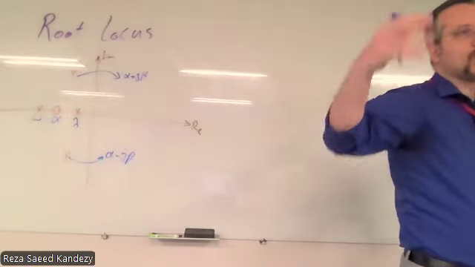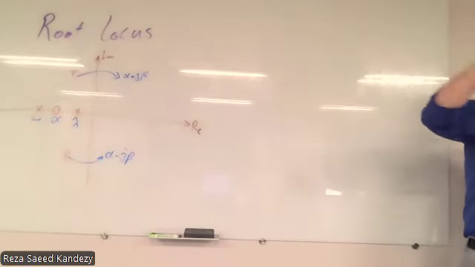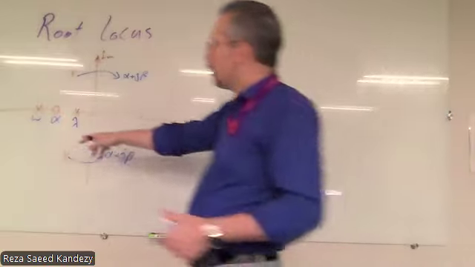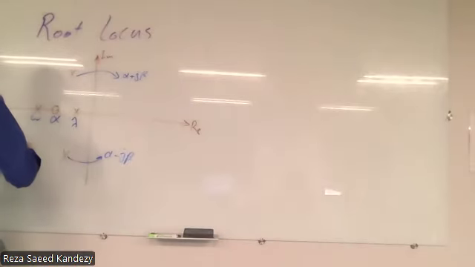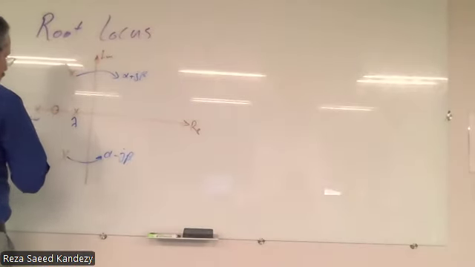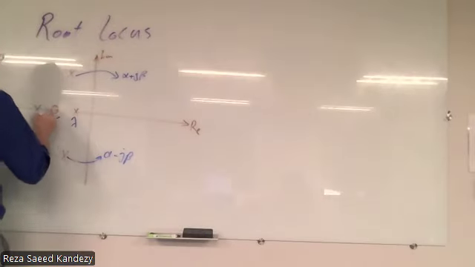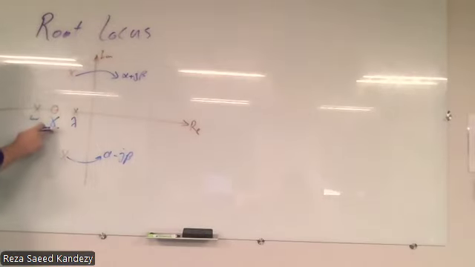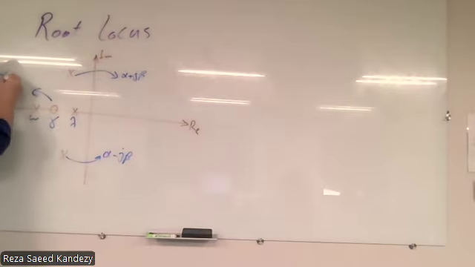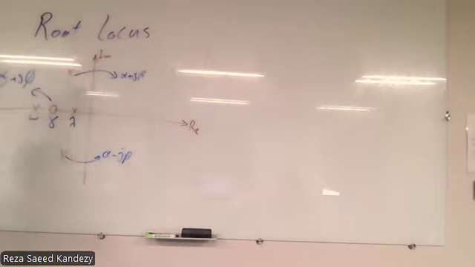So that imaginary part could be zero, but we still can represent it. Let's say this is gamma. We can show that gamma equals gamma plus j times 0. It's still a complex number, just the imaginary part is 0.